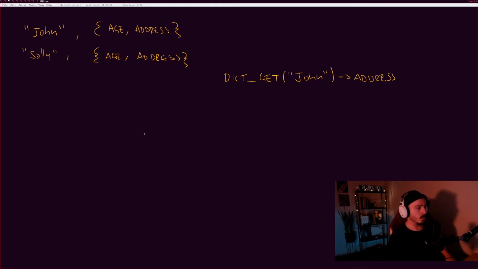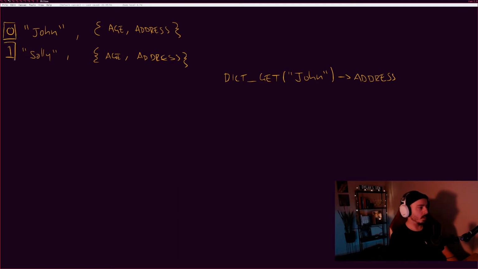So it's good for storing tons of different kinds of data, especially if you need to get that data back using some kind of key that you don't want to copy around everywhere. So let's say if this was an array and John was at position 0 and Sally was at position 1, right?